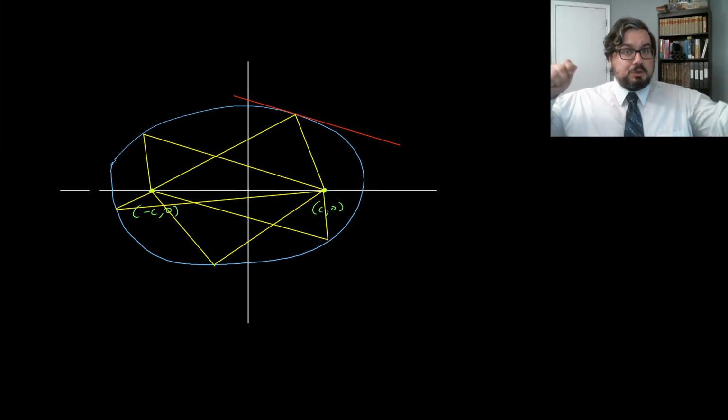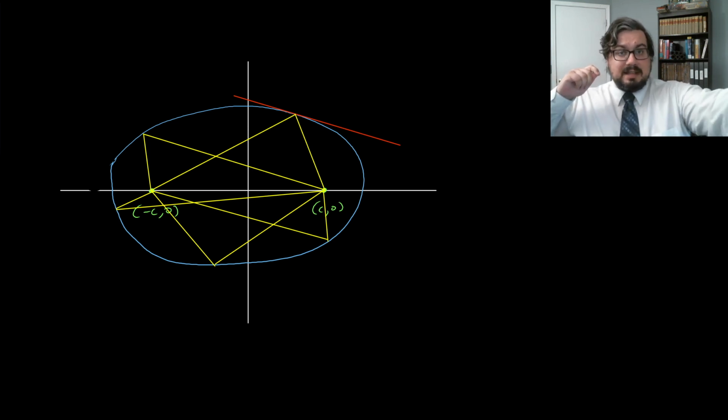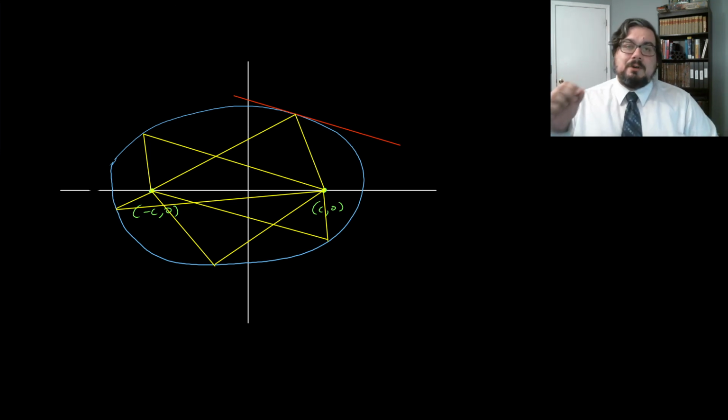And there will be 2 points in the room where if one person stands at one focus and one person stands at the other, even if the room is crowded and there's lots of noise going on, the person at one focus can even talk normally or maybe even whisper, and the person at the other focus will be able to hear them.